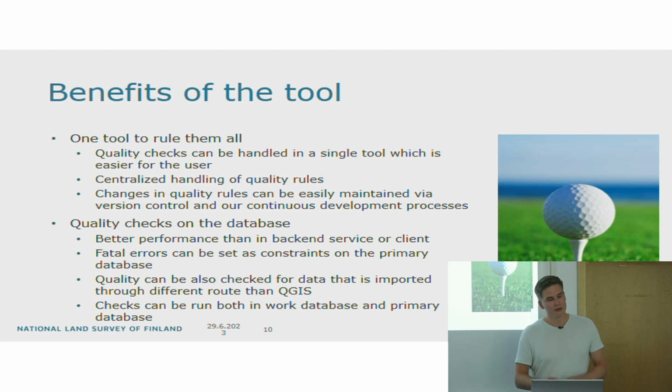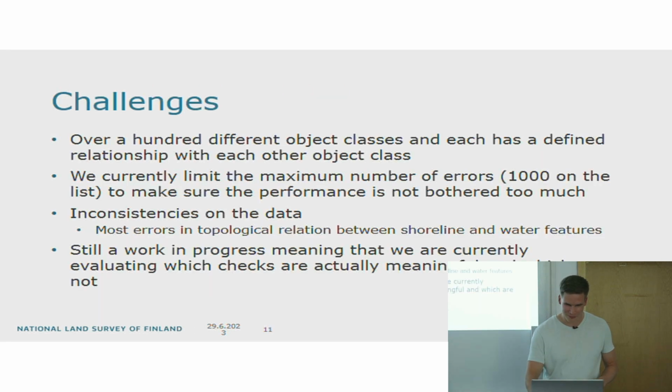And we can also do the fatal errors as constraints from the primary database, and quality can also be checked for data that is imported through different route than QGIS, which is important for us since we are currently importing data from the current system to this new system, so we can already check the data that it has no fatal errors in it. And also the checks can be then run both in work database and primary database.